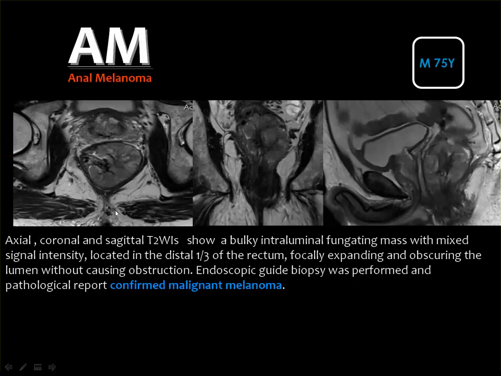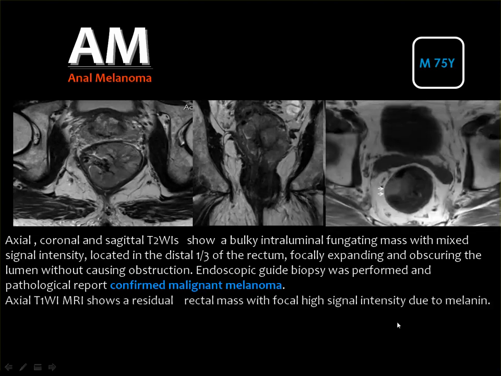Then in this case, you see a big mass infiltrating the anal canal and maybe the lower rectum, and it is not discriminable from the anal cancer.